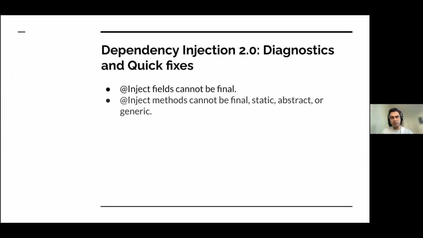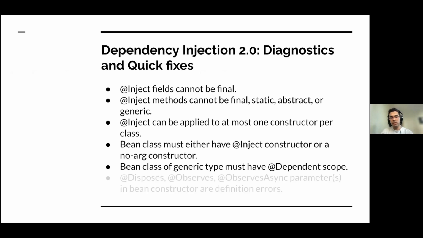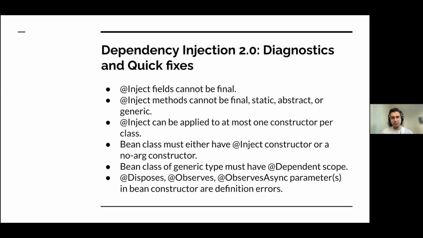These are some of the diagnostics and quick fixes that our team worked on. First was that inject annotation fields cannot be final. Injectable methods cannot be final, static, abstract, or a generic type. Inject annotation cannot be applied to more than one constructor per class.